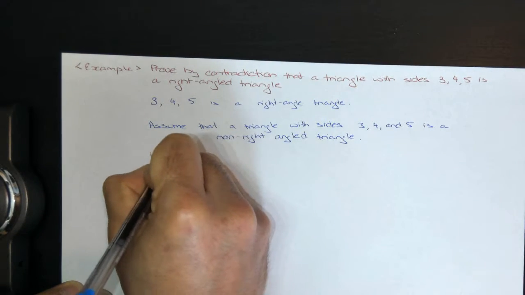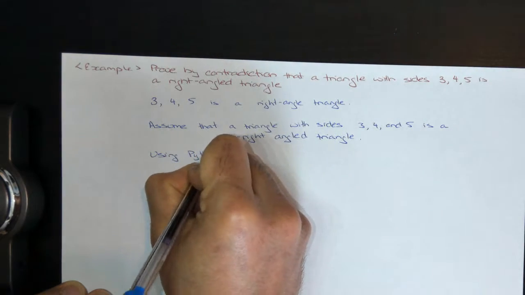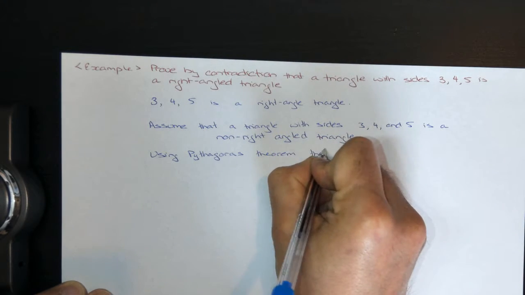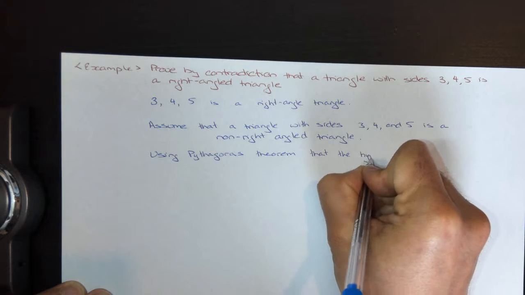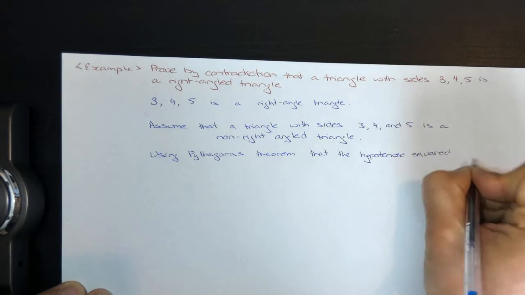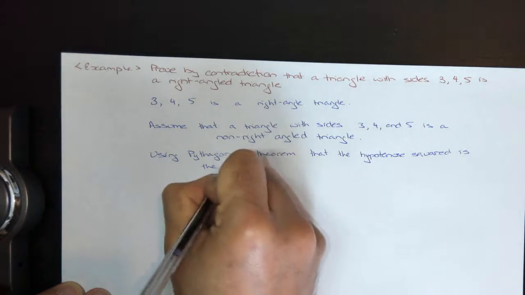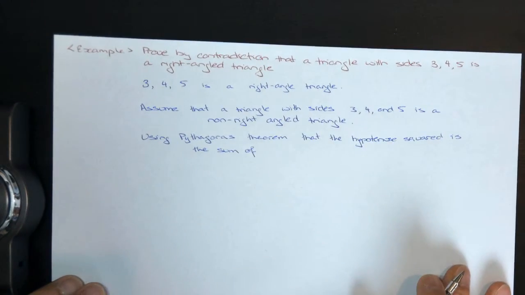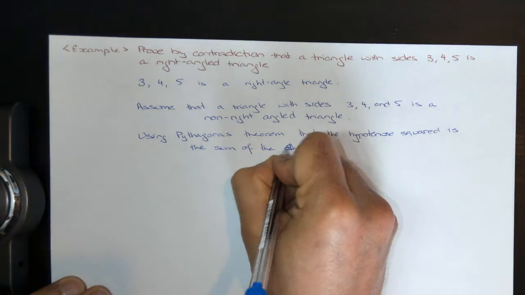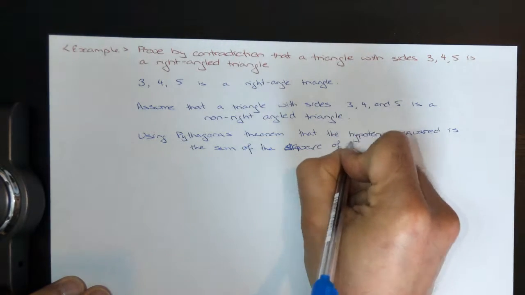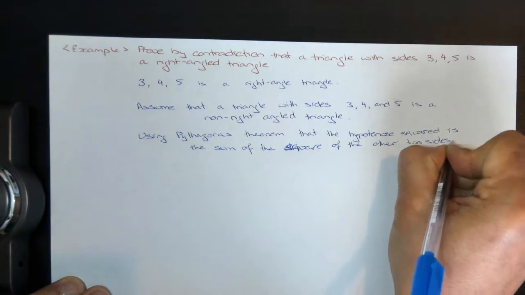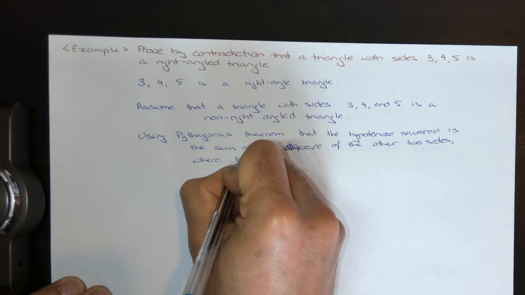Using Pythagoras' theorem, the hypotenuse squared is the sum of the squares of the other two sides, where the hypotenuse is the largest.